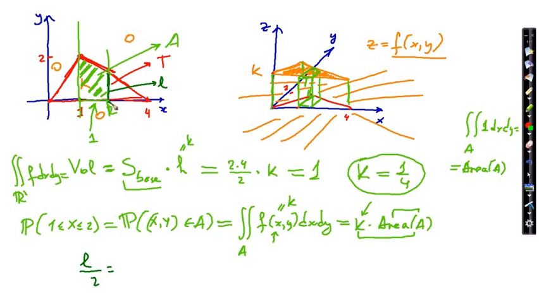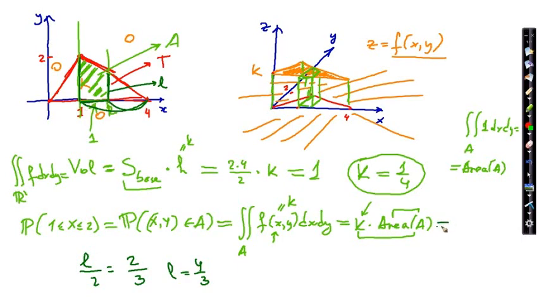So this length is 4 minus 2, this is 2, over this length, and this length is 4 minus 1, so 3. And we will have that L is equal to 4 over 3. This part is 4 over 3, this part is 2, and the height of our trapezoid is 1.